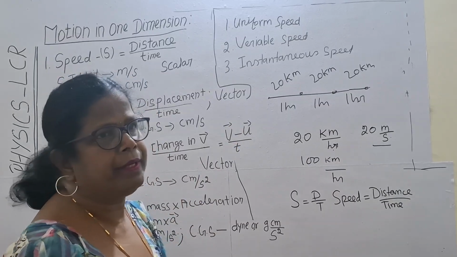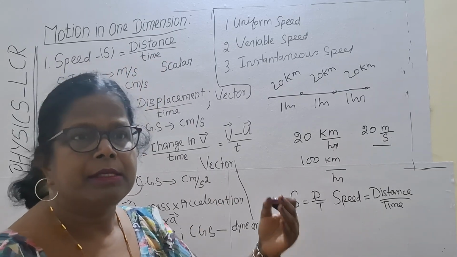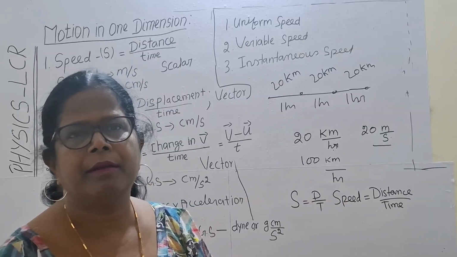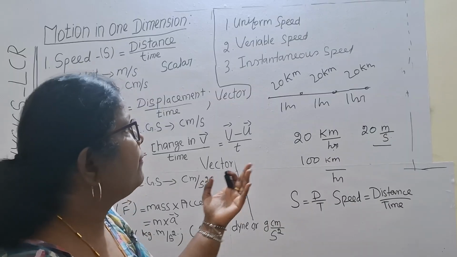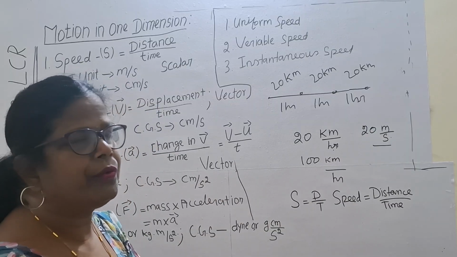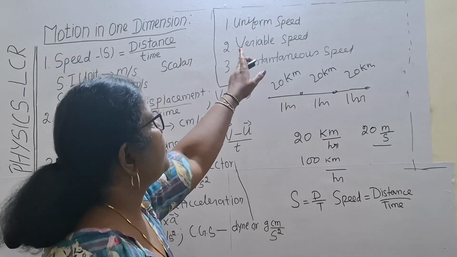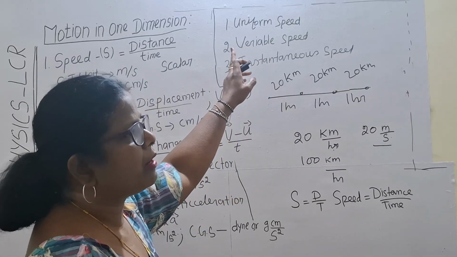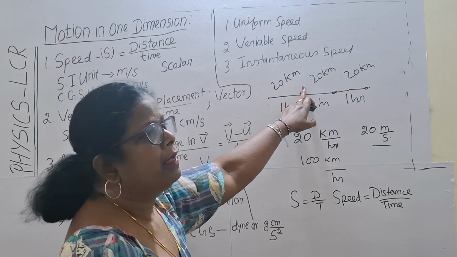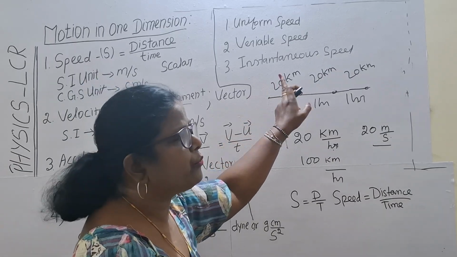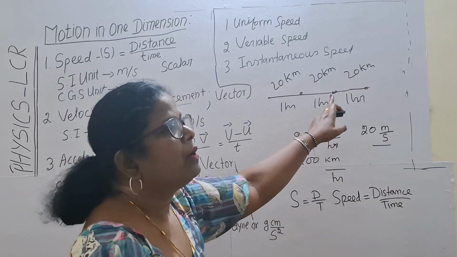What is variable speed? Variable speed means different distance in uniform time, or uniform distance in non-uniform time. Uniform speed means both should be uniform: equal distance in equal time interval. Variable speed is non-uniform. For example, the body covers the same distance, 20-20, but the time is different: 1 hour, half an hour, 1.5 hour.